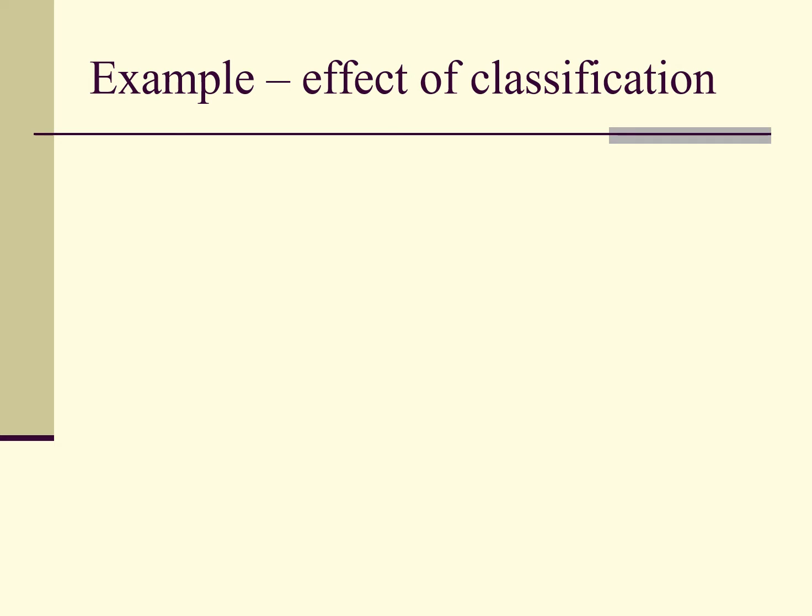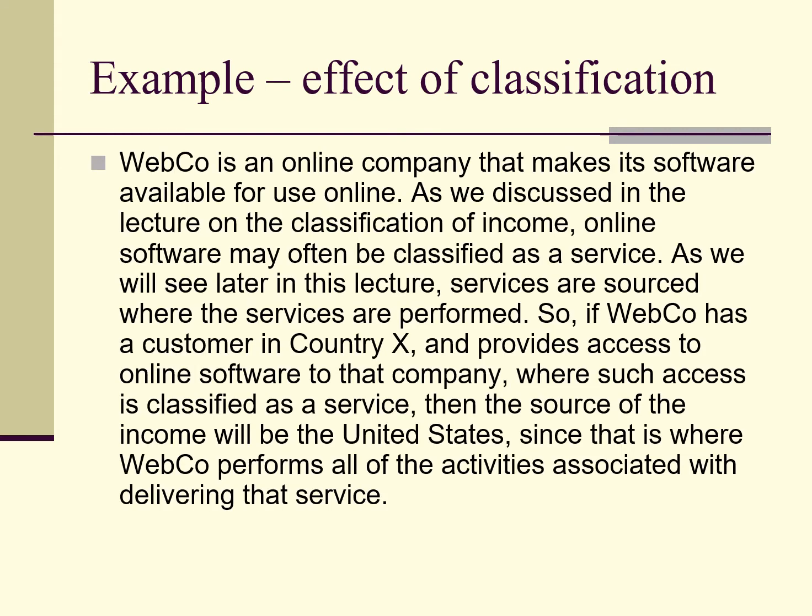Here's an example of the impact of classification. Webco is an online company that makes its software available for use online. As we discussed in the lecture on the classification of income, online software may often be classified as a service.